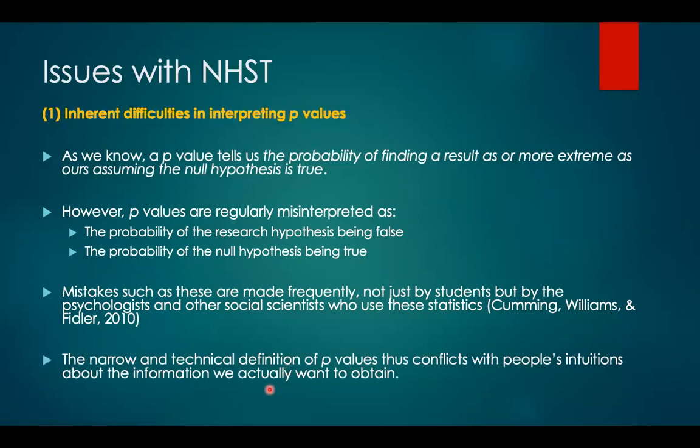So the narrow and technical definition of p-values conflicts with people's intuitions about the information we actually want to obtain, which is how likely is our hypothesis given the data. So we really don't get that from null hypothesis significance testing. Instead, we get how likely are the data we obtained given the null hypothesis being true. We really can't make statements about how likely our hypothesis is, our research hypothesis, given the data we obtained.